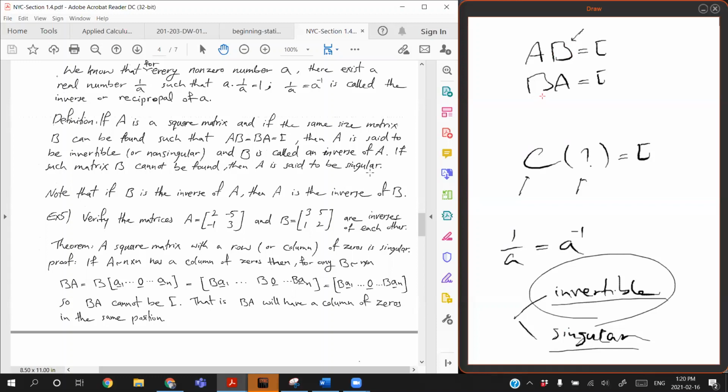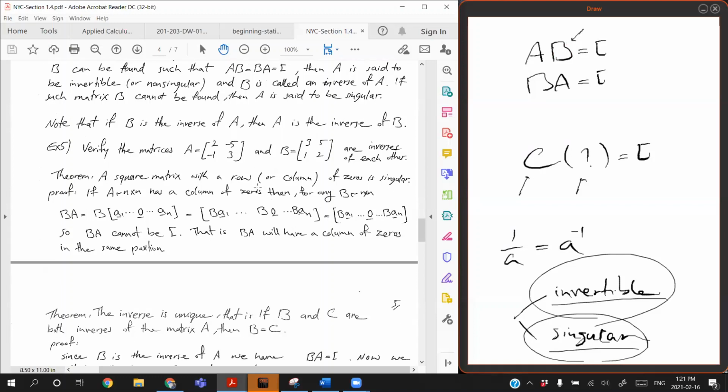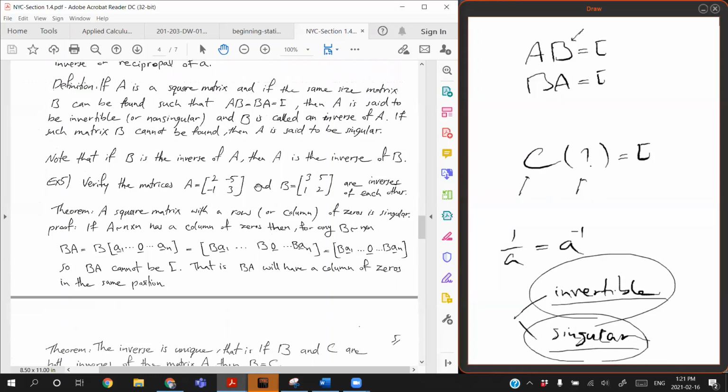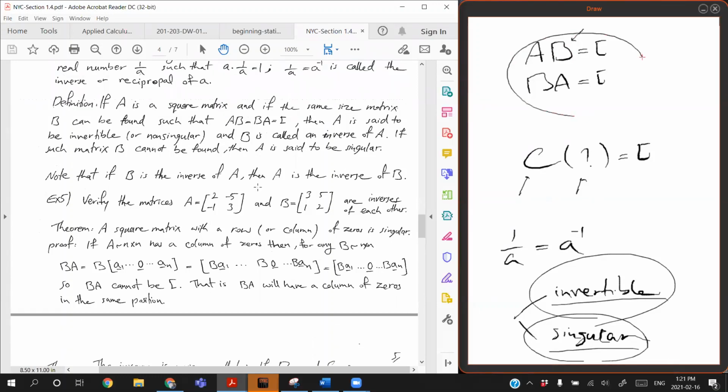But if such a matrix does not exist, so that AB and BA are identity, then you would say that this matrix is singular. I cannot find an inverse for that. Make sense? So when you look at this definition, I hope you realize, because of the symmetry in this definition, if A is the inverse of B, then automatically B would be the inverse of A.